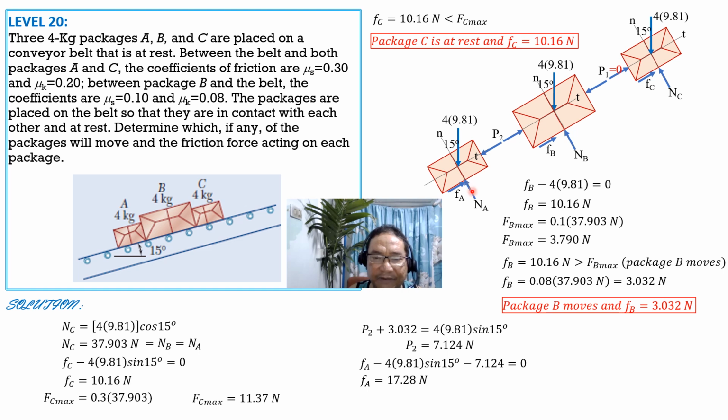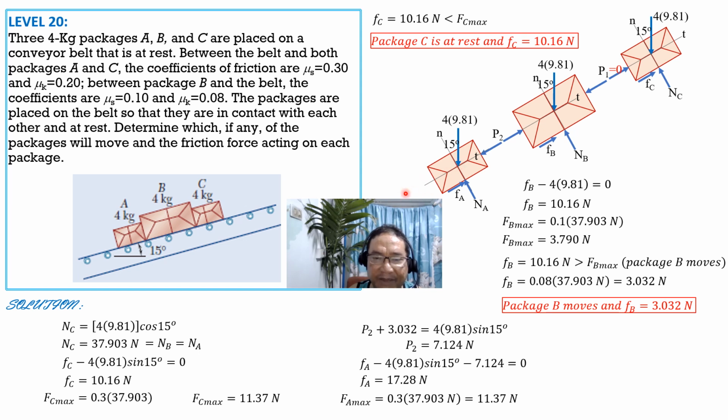But the maximum frictional resistance under package A is mu sub SA, which is 0.3 times normal at A, which is 37.903. And that is equal to 11.37 newtons. Because 17.28 newtons is greater than 11.37 newtons, that means package A moves.